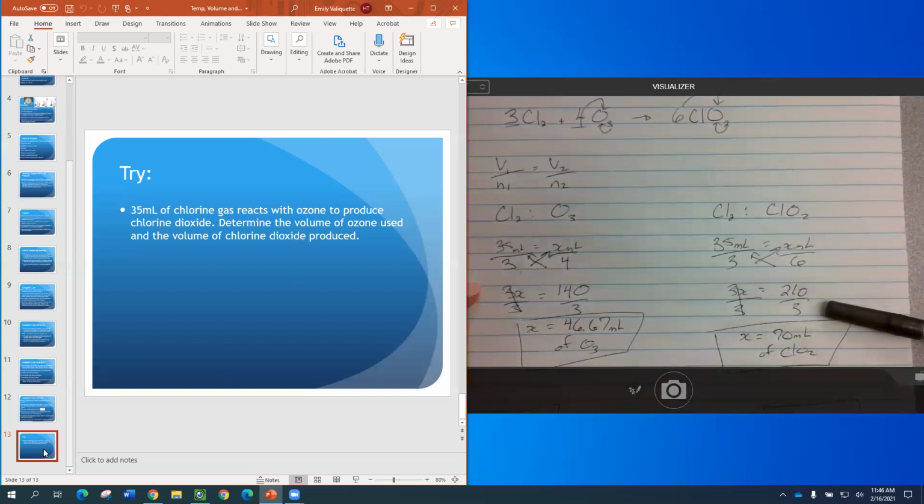I actually prefer the previous method where our mole ratio is on top of the fraction and the volume is on the bottom. And then this one's just upside down from that. But again, it doesn't make any difference. Either way, you're just going to cross multiply and divide, and you will get the same answer regardless of how you solve it. Let me know if you have any other questions.